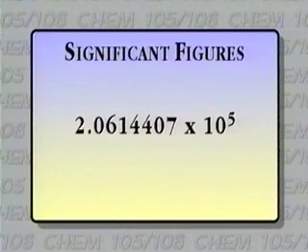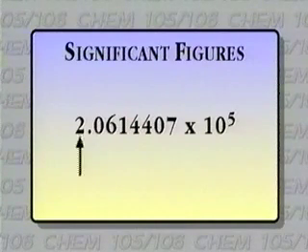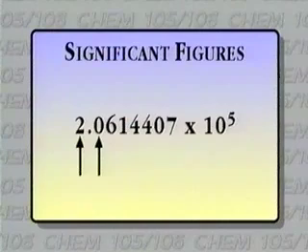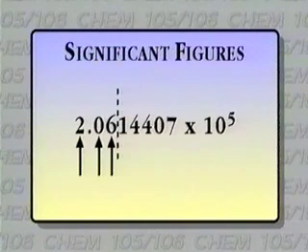We said that we're going to be limited to 3 significant figures. So I start from this side and count over 3 significant figures. That's 1, that's 2, that's 3. Now I'm going to draw a line right there. Now we apply the rules of rounding off.